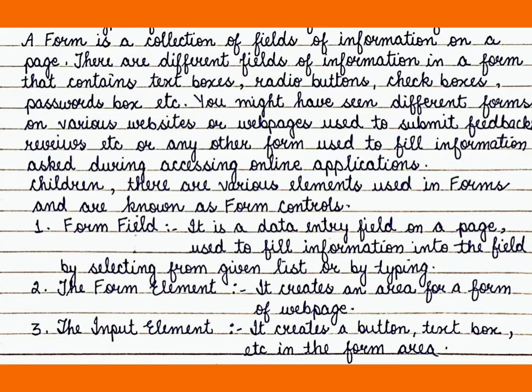Number 2, the form element. It creates an area for a form of web page. Number 3, the input element. It creates a button, text box, etc. in the form area.